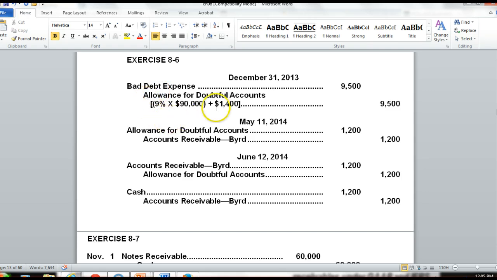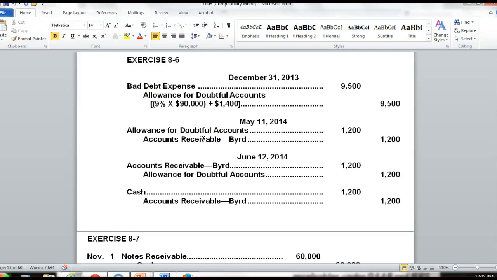So we'll take 9% of our accounts receivable of $90,000, plus add to that our $1,400, so we can end up with a credit balance of $8,100. So we would debit our bad debt expense of $9,500, credit our allowance for doubtful accounts of $9,500.